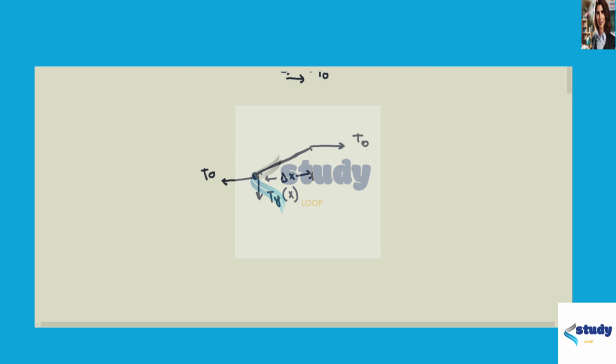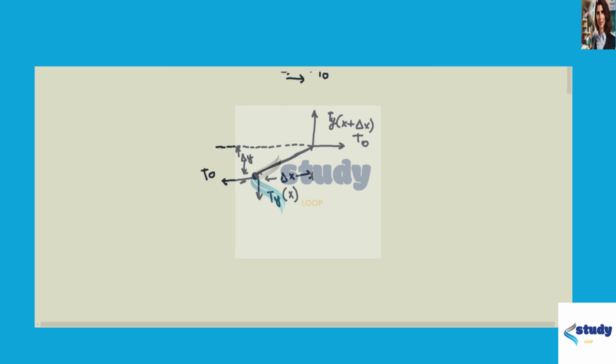then the tension here is Ty at x plus delta x, because that's the x coordinate of this point. And this distance is delta y, because it is an element of the wire, a small segment of the wire.